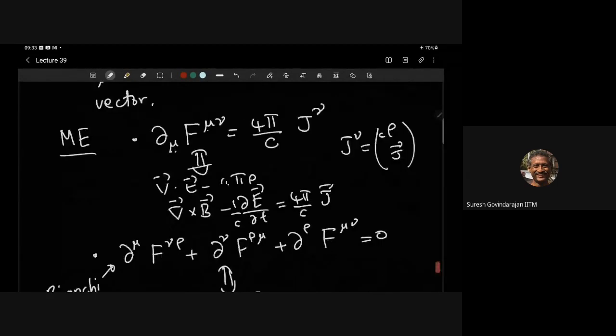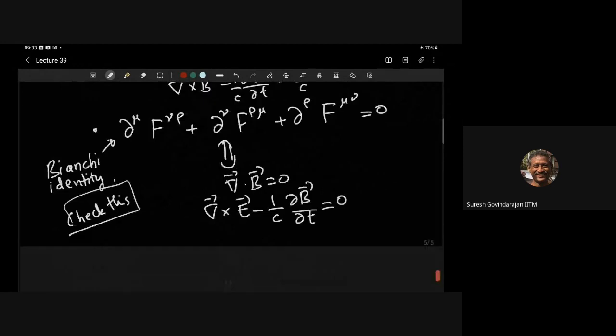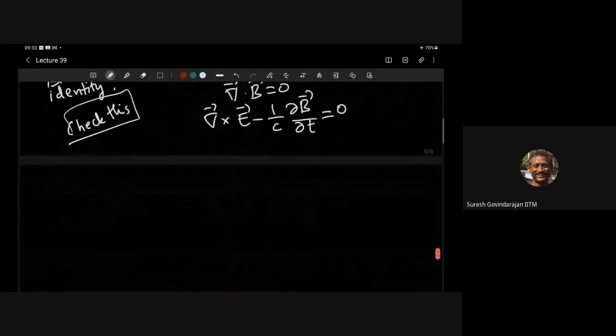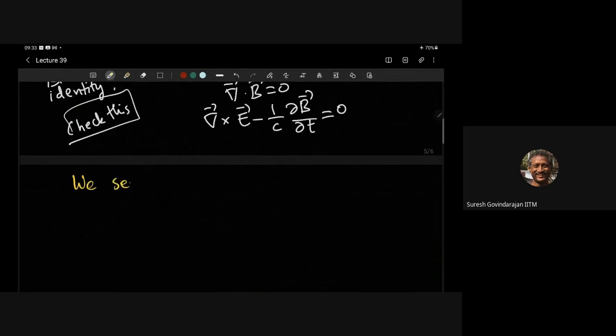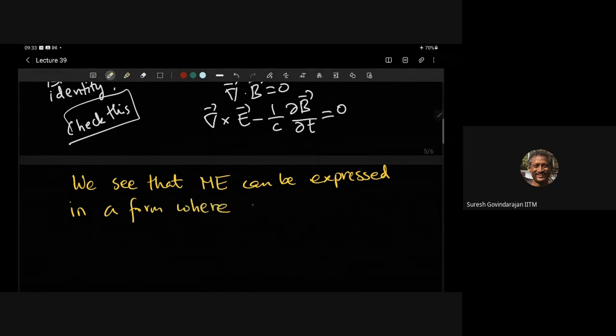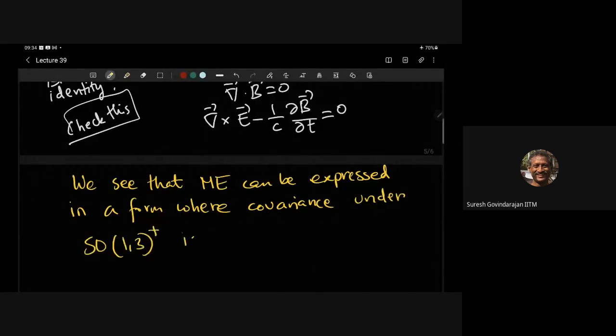Similarly, this looks like some rank 3 tensor. Okay, and it says this combination is 0 in one frame, it will remain 0 in all frames. So what we have achieved here is that covariance under SO(1,3)+ is manifest.